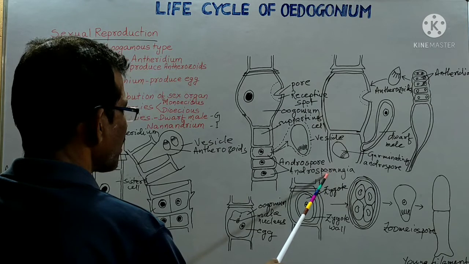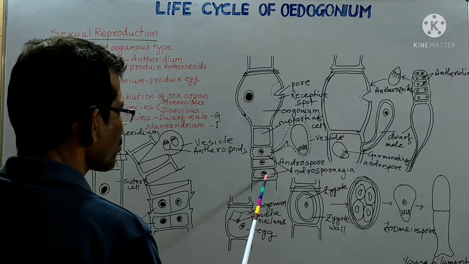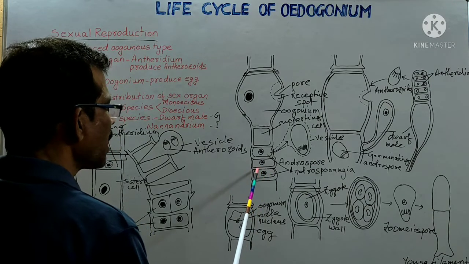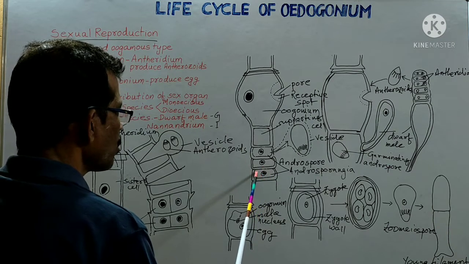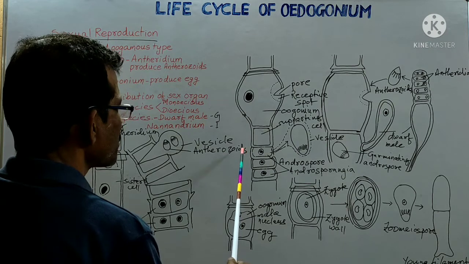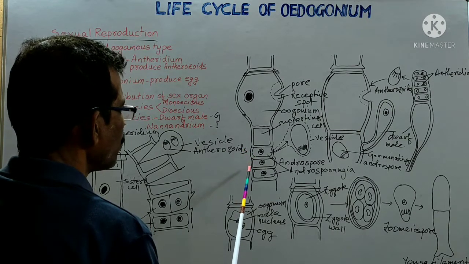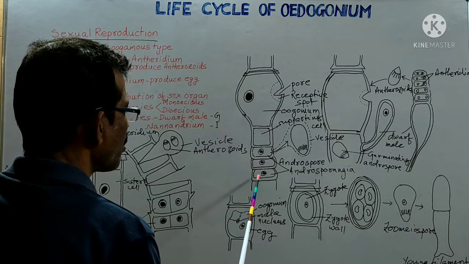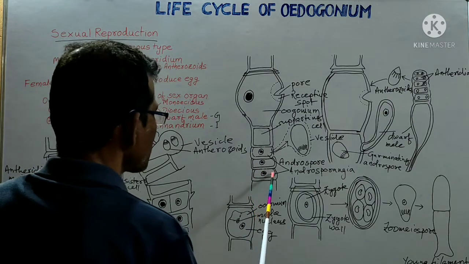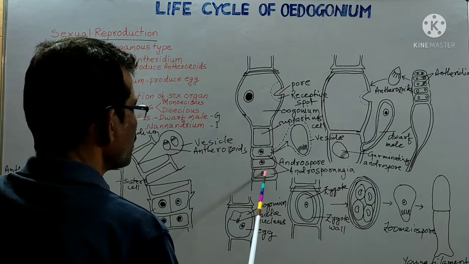The only difference is that inside each androsporangium, a single androspore is formed, whereas in each antheridium, two male gametes are formed. So, any vegetative cap cell can behave as androsporangial mother cell, which can divide to form a number of androsporangia. And inside each androsporangium, a single androspore is formed.